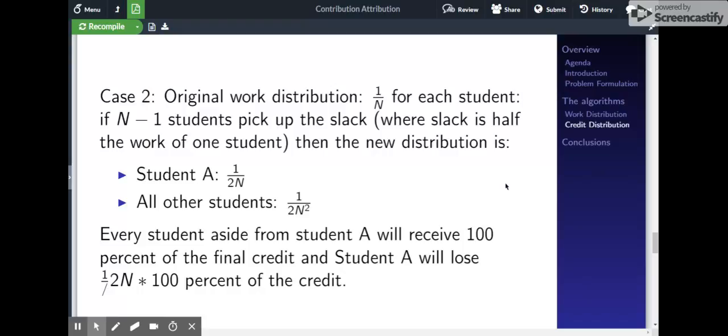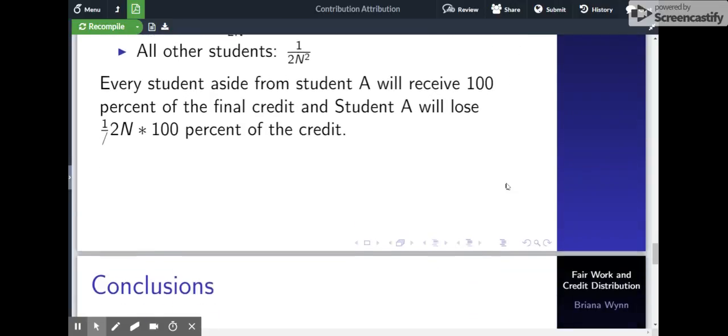And so all of those students would receive 100% of the final credit. They all did the same portion, they all picked up the slack, whereas student A would lose 1 over 2n percent of the credit.